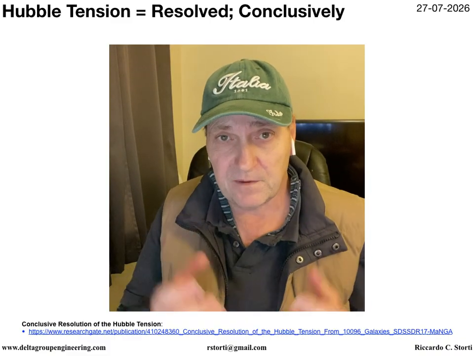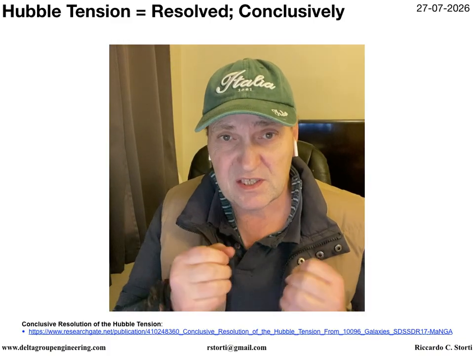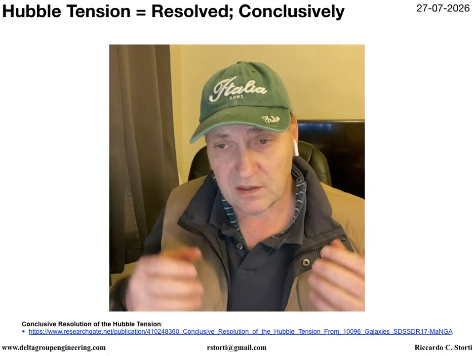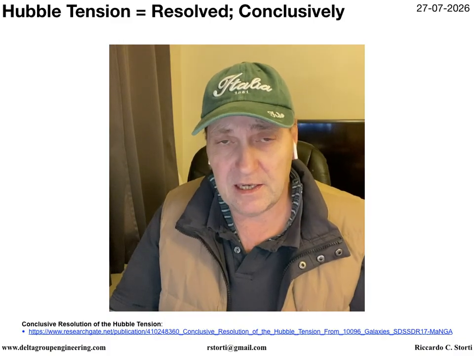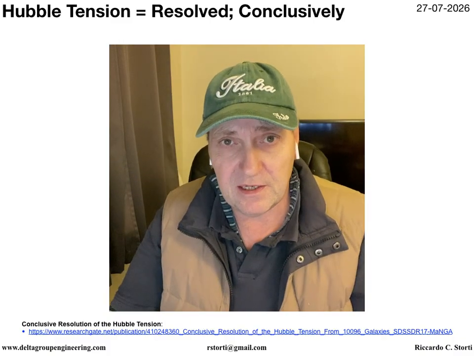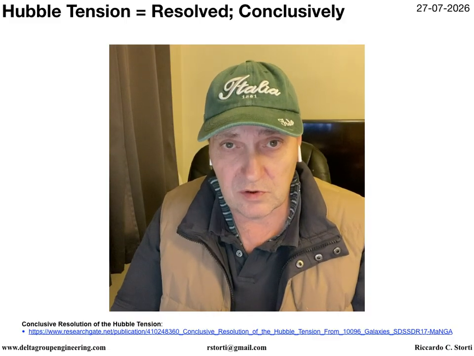So I used the Milky Way galaxy as my reference particle. I then scaled that up to the size of the cosmos, and that scaling resulted in the cosmological Hubble constant, the CMBR Hubble constant.